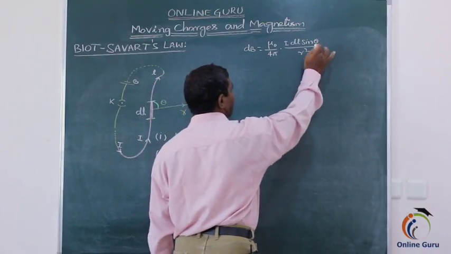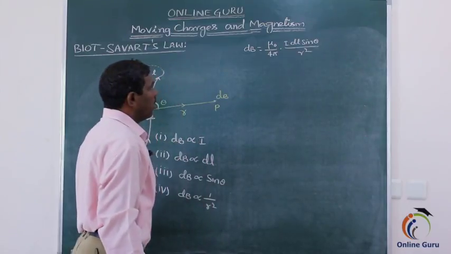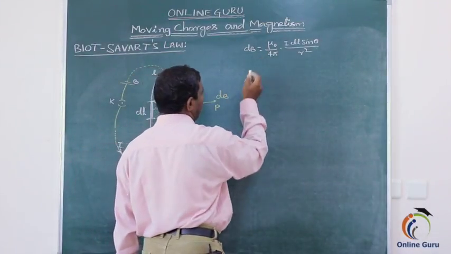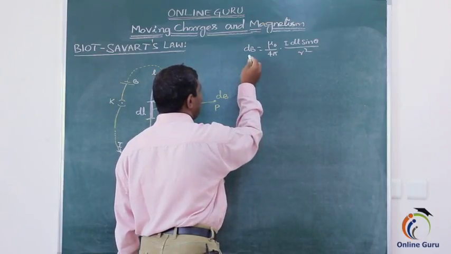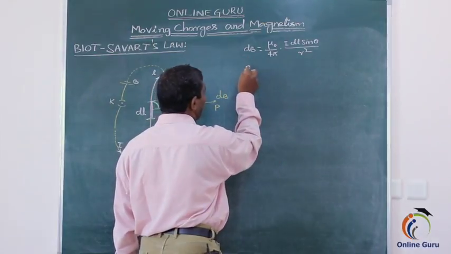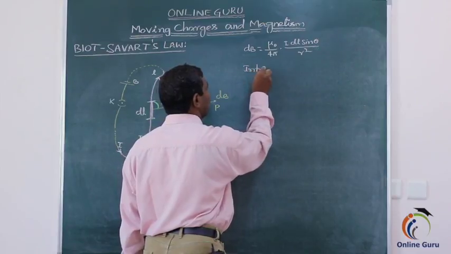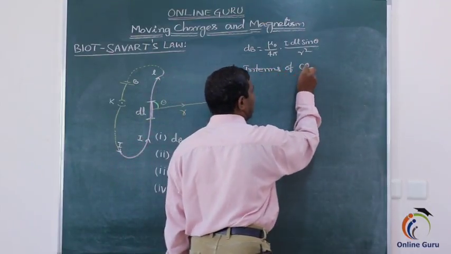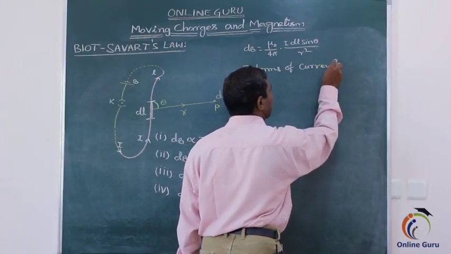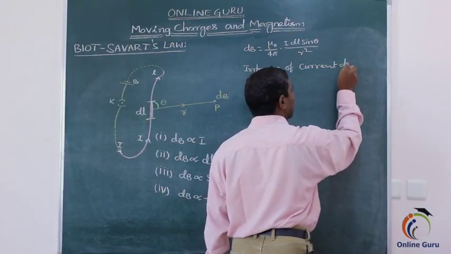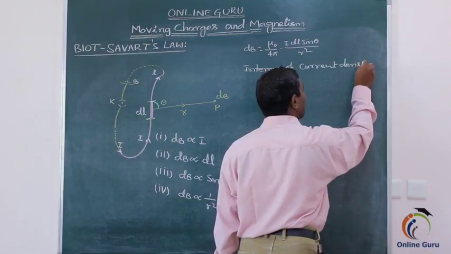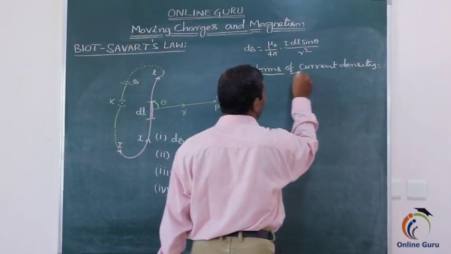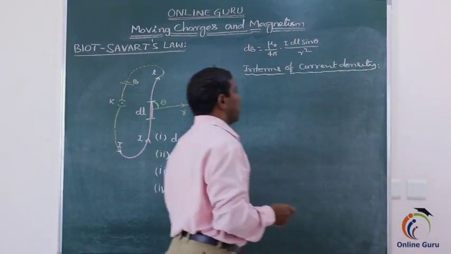Now I am going to express Biot-Savart's law in terms of current density.